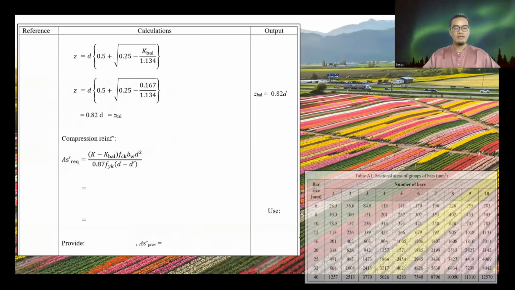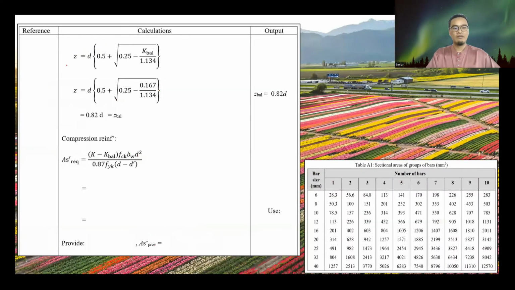So, we have to calculate the value of z. In this case, the K is equal to K balance, which is 0.167, and the z is equal to 0.82d, which is also known as the z balance.